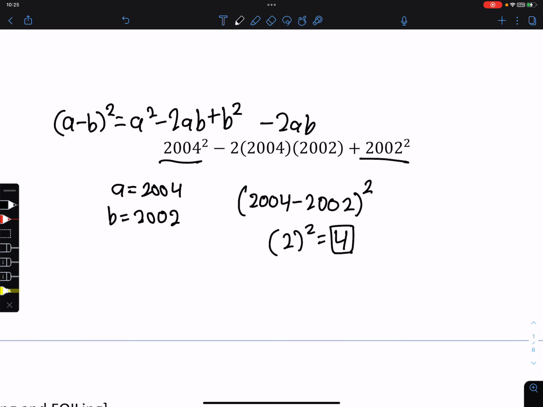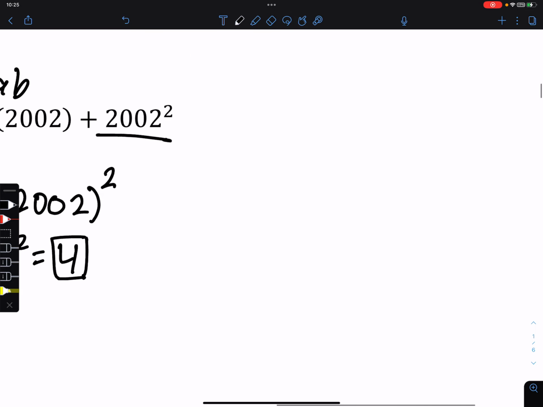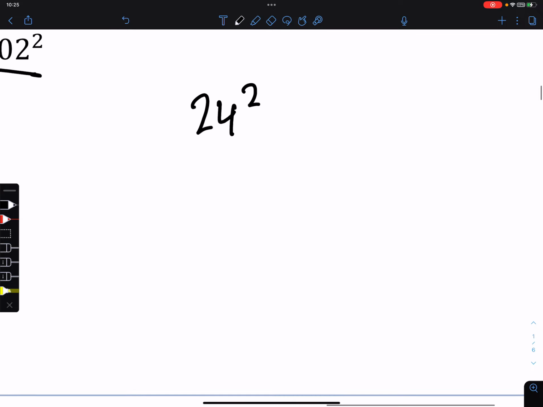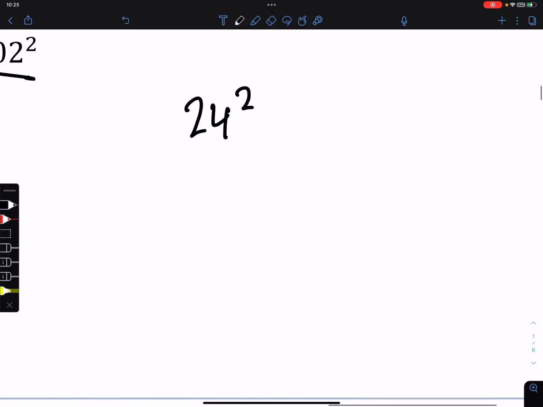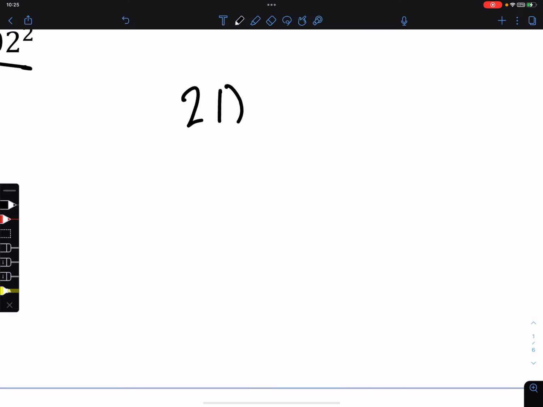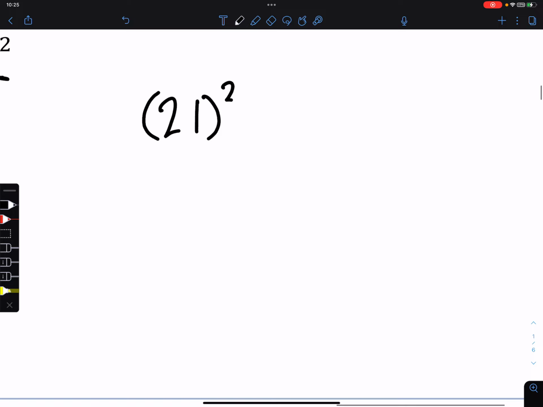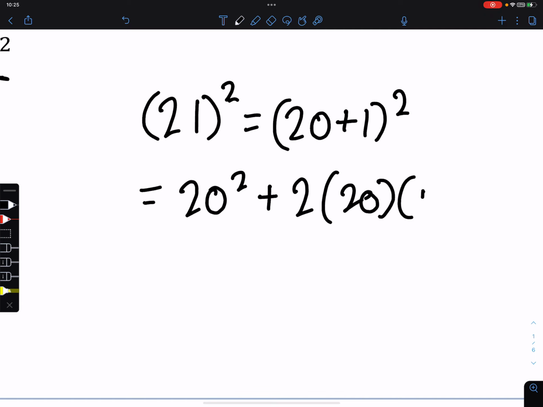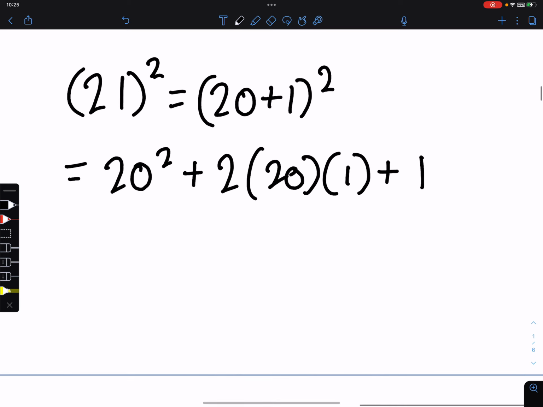This is also a very useful tool when you're looking at something like 21 squared. What you can do is look at this as 20 plus 1 squared. Now we use our formula, a squared plus 2ab plus b squared.